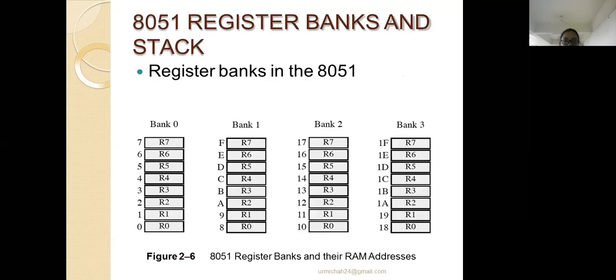So these are the register banks available in 8051, and these are their RAM addresses. For temporary storage of data, these register banks can be used as they are allocated specific RAM addresses.